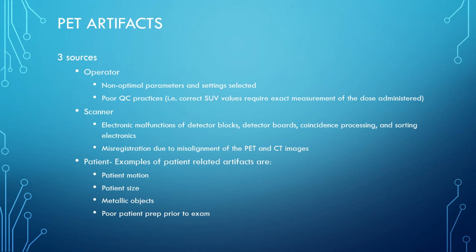Within the scanner, you could have electronic malfunctions such as a bad detector block, coincidence processing or sorting electronics, misregistration due to misalignment of the PET and CT. And then examples of patient-related artifacts are patient motion, patient size, metallic objects, or poor patient prep prior to the exam.